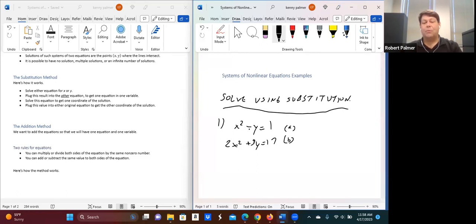Pick the equation that's easiest to solve for one variable. In this case, it's probably easiest to solve the first equation for x squared. So I'm going to solve equation A for x squared.